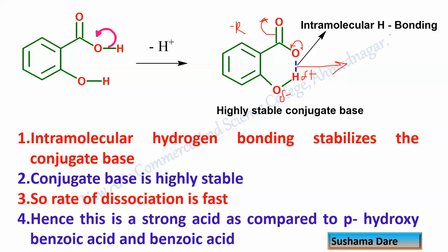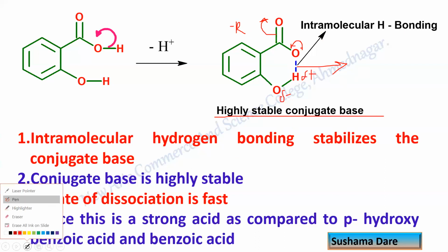There is the formation of an intramolecular hydrogen bond. So these are the two effects which are responsible for the stability of the conjugate base, and we call it a highly stable conjugate base. So intramolecular hydrogen bonding stabilizes the conjugate base. The conjugate base is highly stable, so the rate of dissociation is fast. Hence, this is a strong acid as compared to para-hydroxybenzoic acid and benzoic acid.